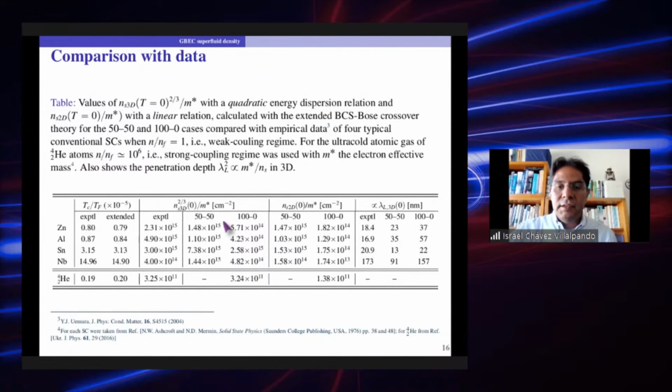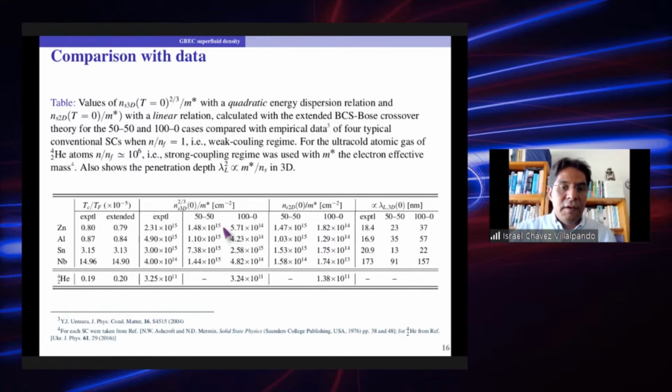So this table is very interesting because we compare with raw data about the superfluid density. This is the experimental data for some conventional superconductors, and this is our theoretical result of superfluid density in the 3-dimensional system and the 2-dimensional system for the 50-50 case and the 100 case.